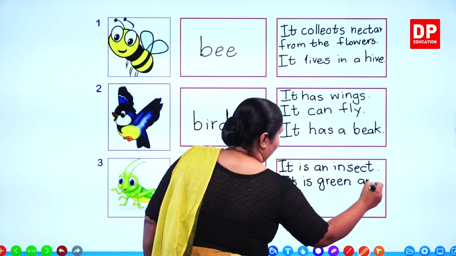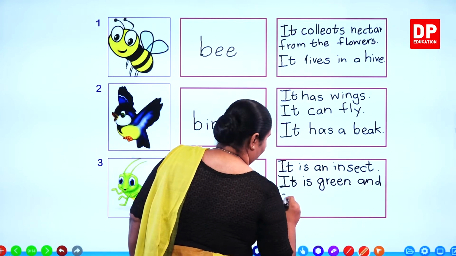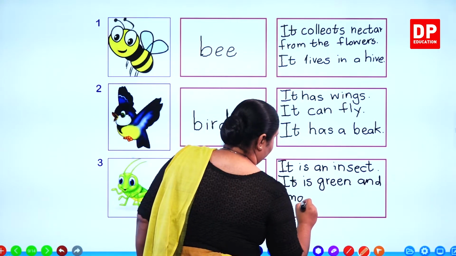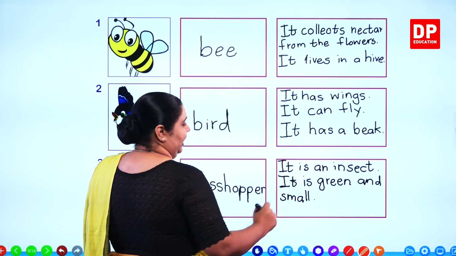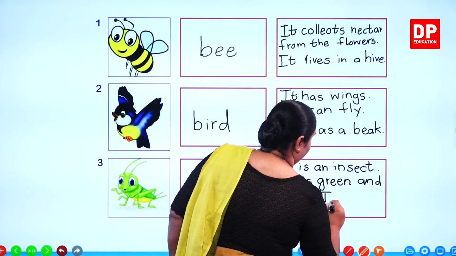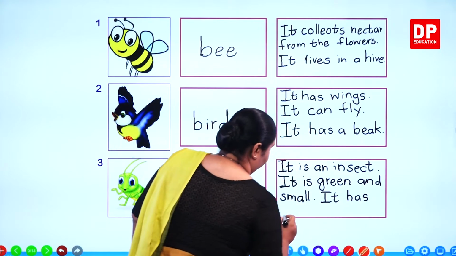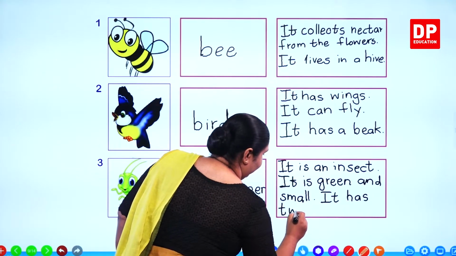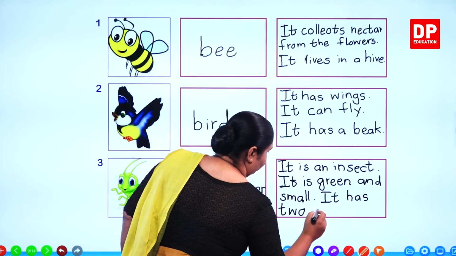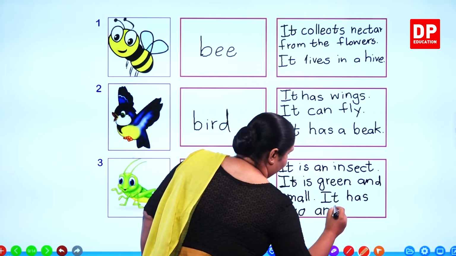Green and small. Then what do they have? It has two, what does it have? 2 antennas.